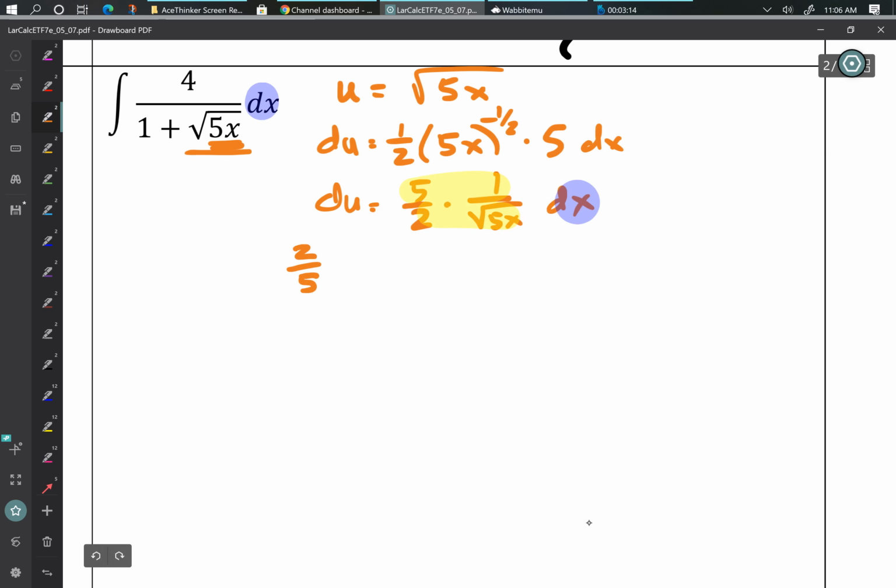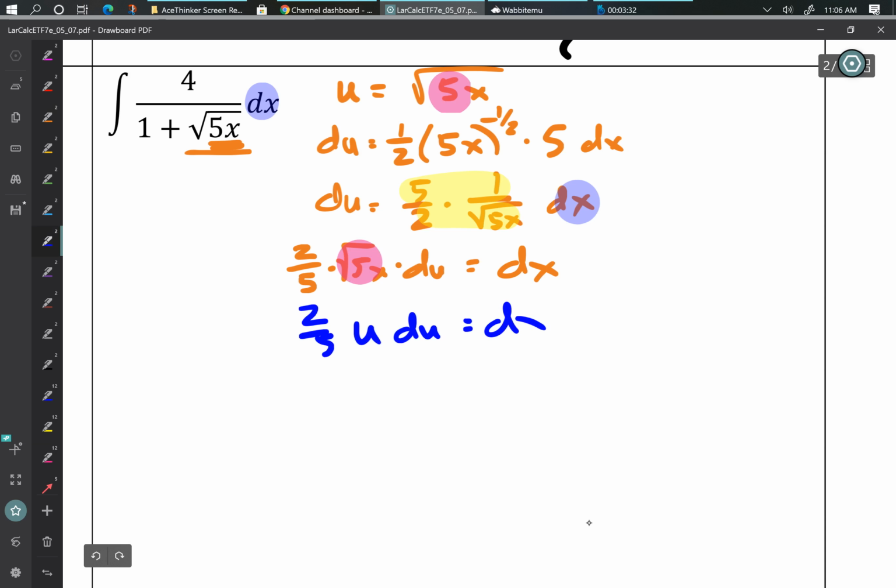So 2/5 times the root of 5x times du is equal to dx, but look right here. 2/5 u du is equal to dx. Let's try that substitution. Okay.